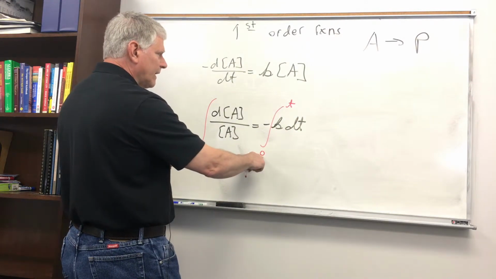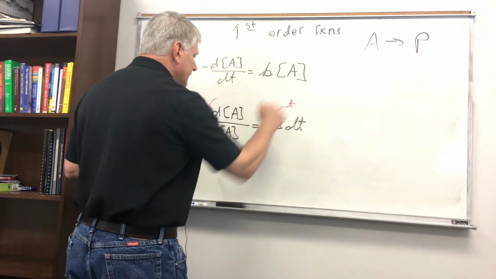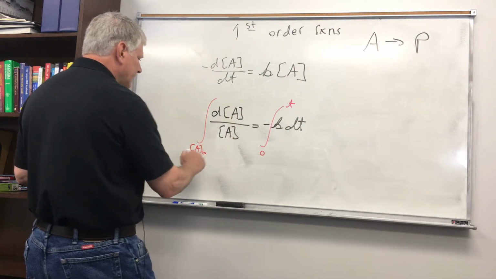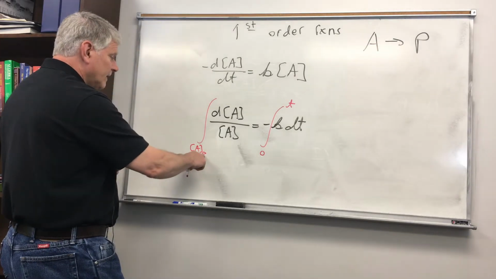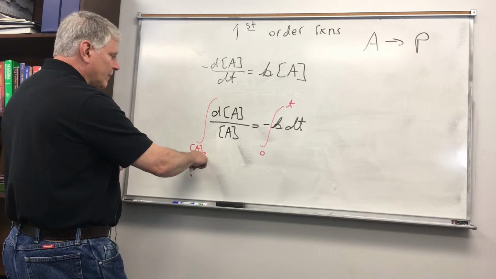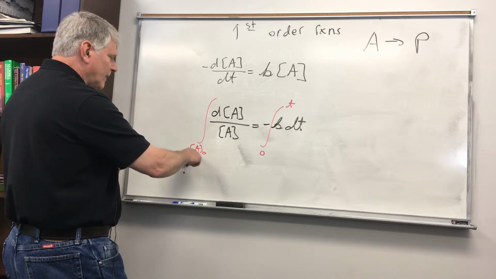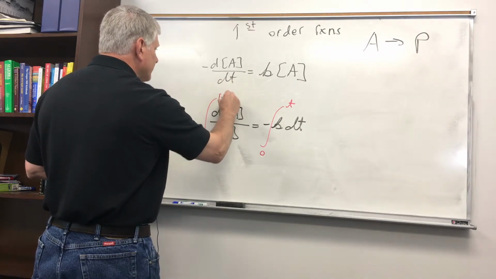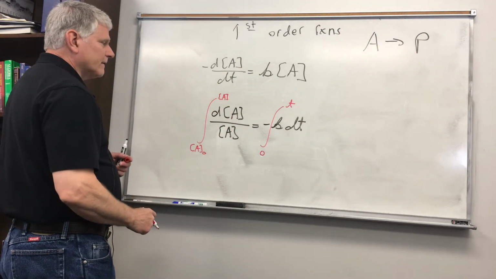So I'm starting at time equals 0, going to time t, and at time equals 0, I'll say the amount of my reactant is an initial amount. So I use this 0 here to stand for time equals 0. So this is the initial amount of A. And at time t, I'll have some concentration of A reactant.